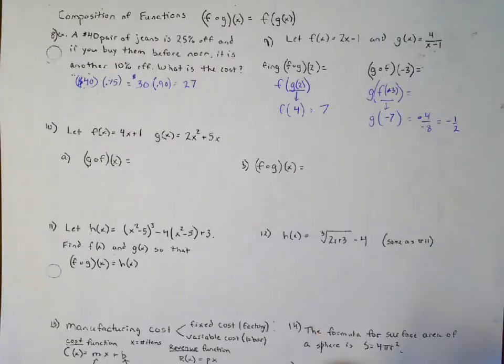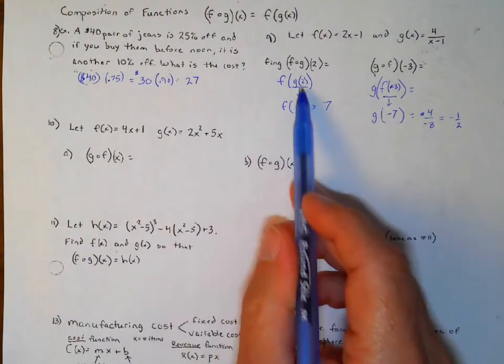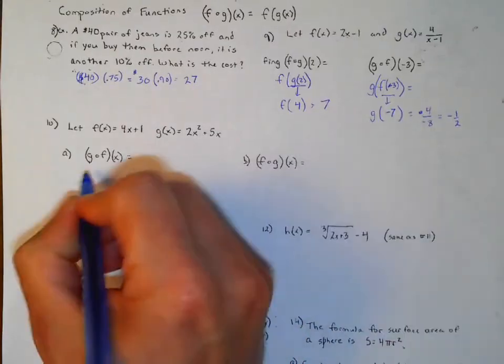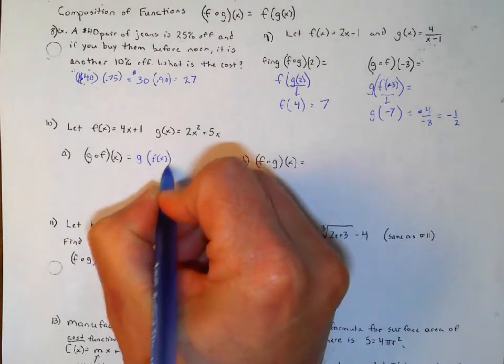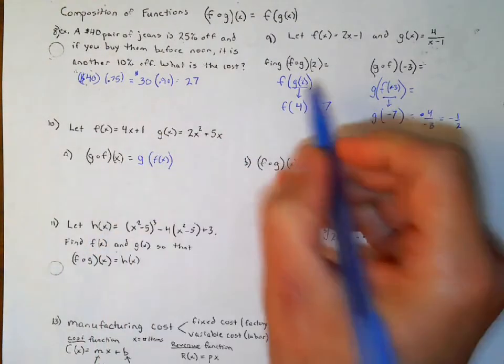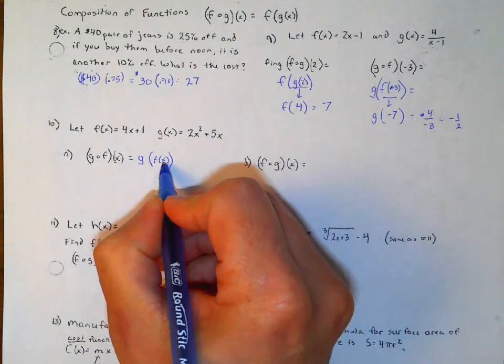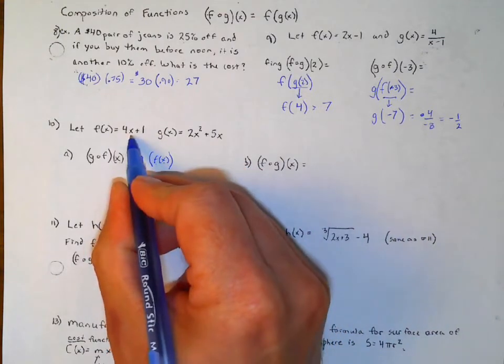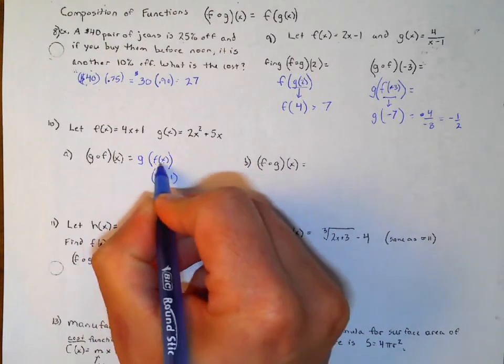Okay, now, same idea here, but it's a little bit harder because it's an x here instead of a number. But still the same idea. We're finding g of f of x. Just like we took the 2 and plugged it into the g, we're going to take the x and plug it into the f, which is already there, right? So the f of x is 4x plus 1.